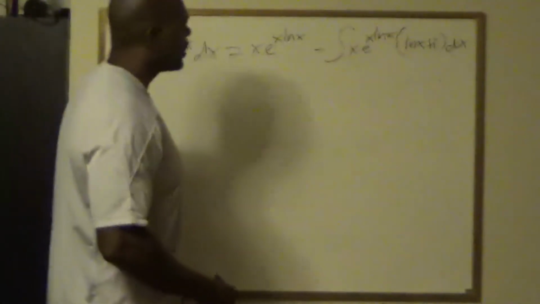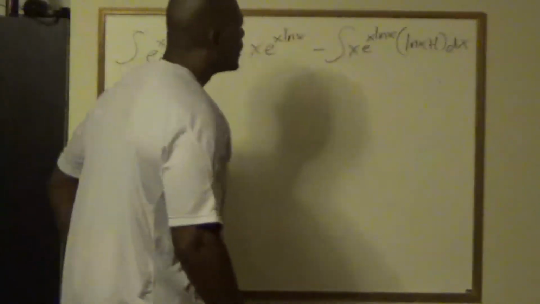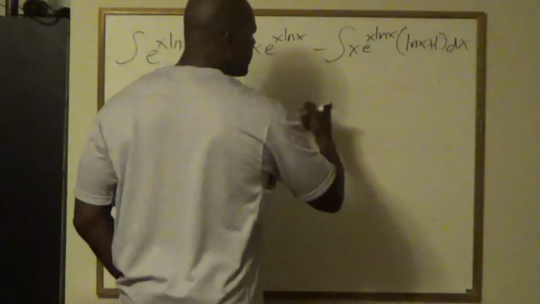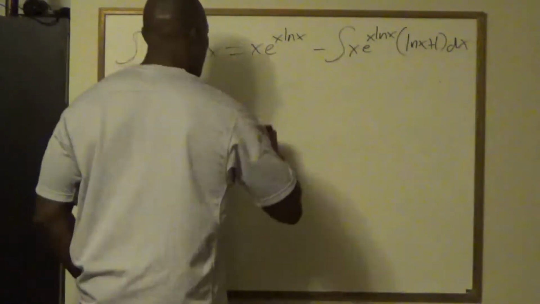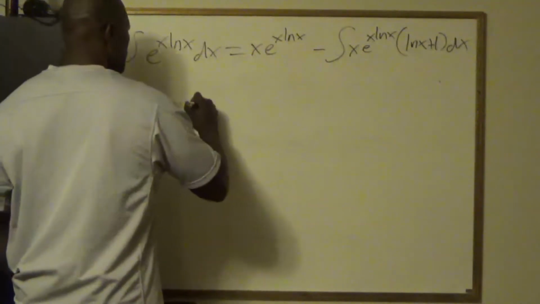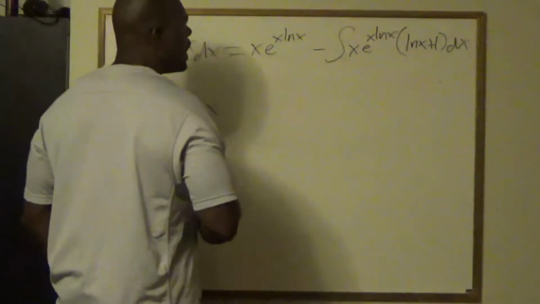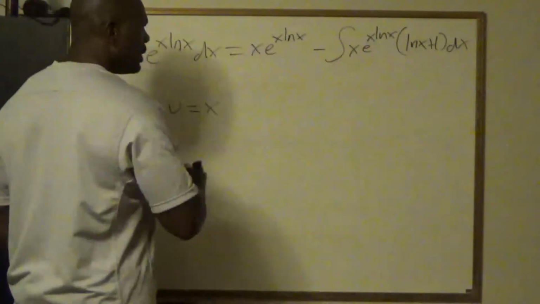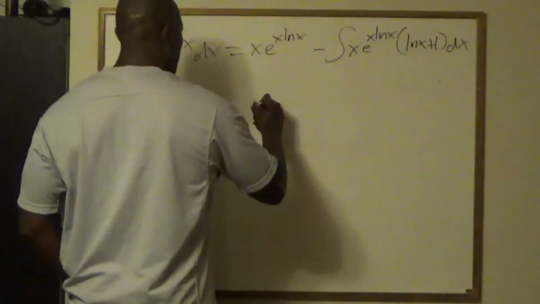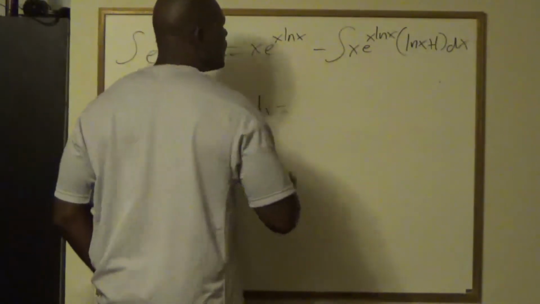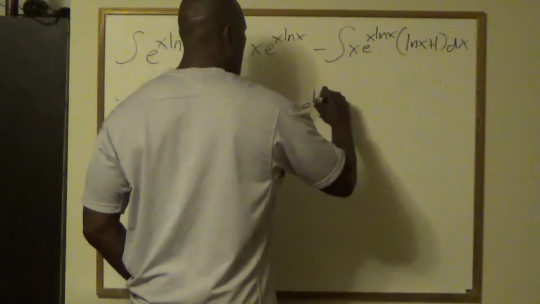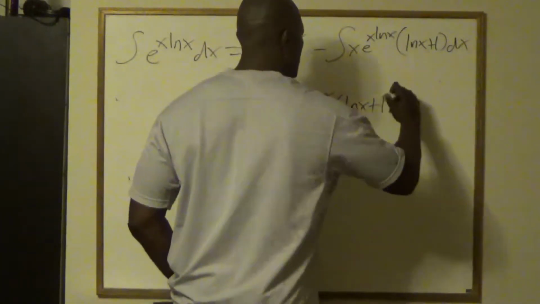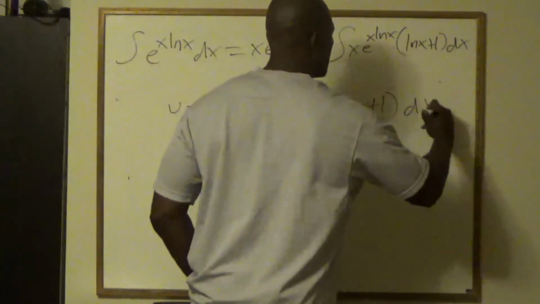So to do this with integration by parts, you would probably make u equal x. So again, this is where I'm at. So let's make u equal x. And let's make dv equal e^(x ln x) times (ln x plus 1) dx.